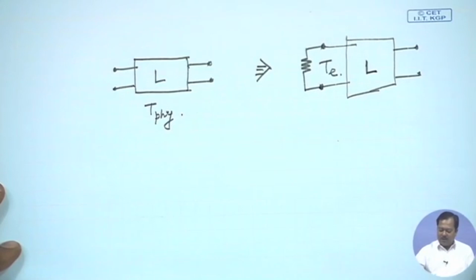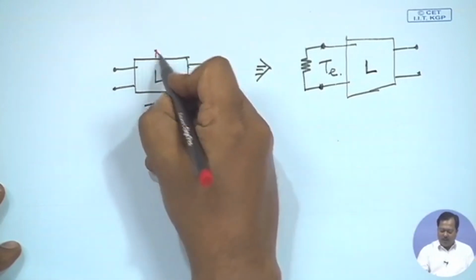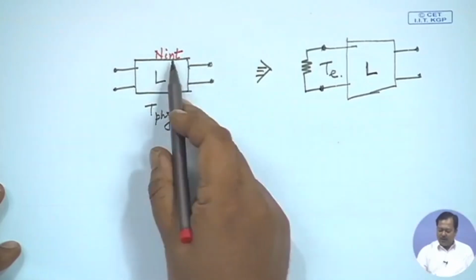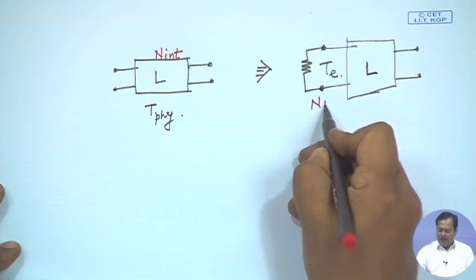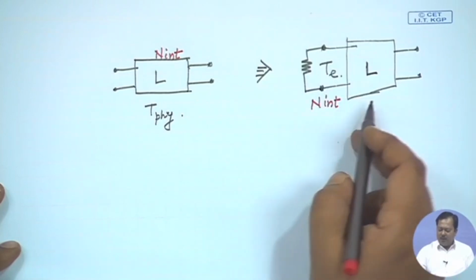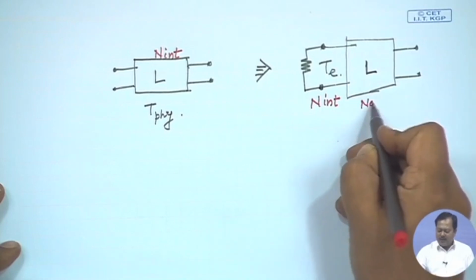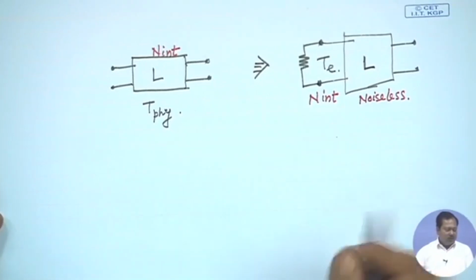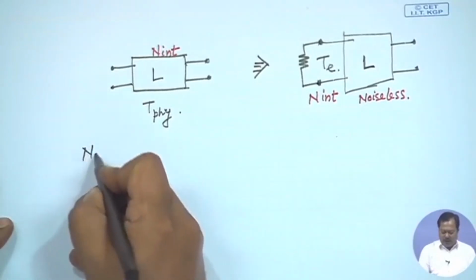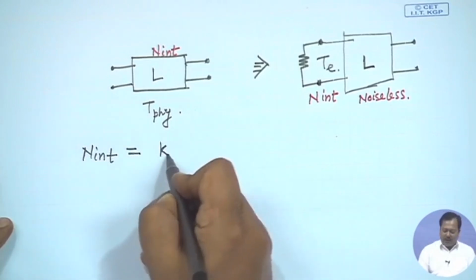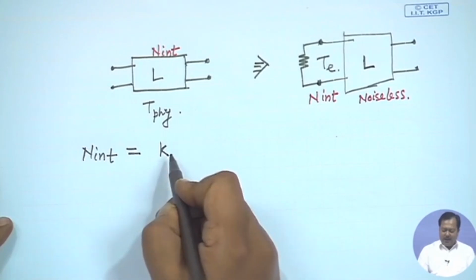So for the first case we have noise generated internally, and in the second case this noise we are representing by an effective temperature Te followed by a noiseless two port network. So then the internal noise we can write down as K into T, if I consider per unit hertz.